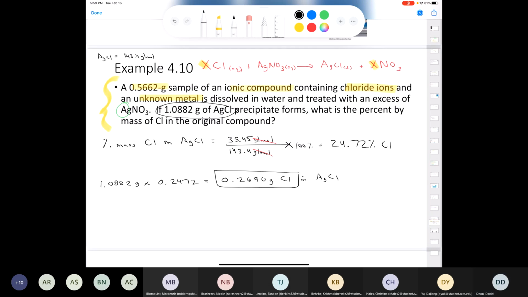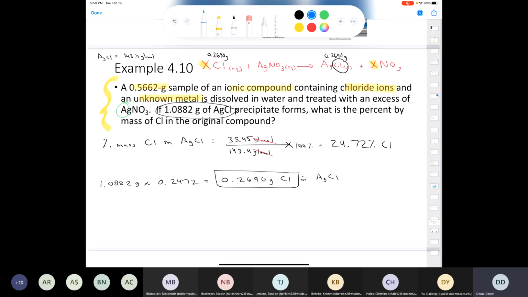Okay, that's the total mass of chloride, because if I end up with 0.2690 grams of chloride here, that means I had 0.2690 grams of chloride to start out with. It's a balanced equation. I didn't destroy any matter, and I don't create any matter.